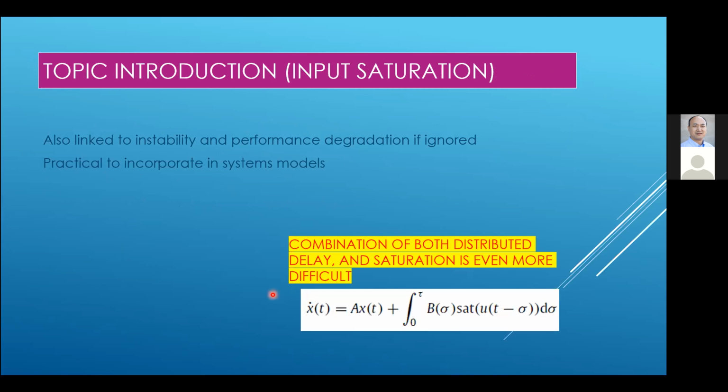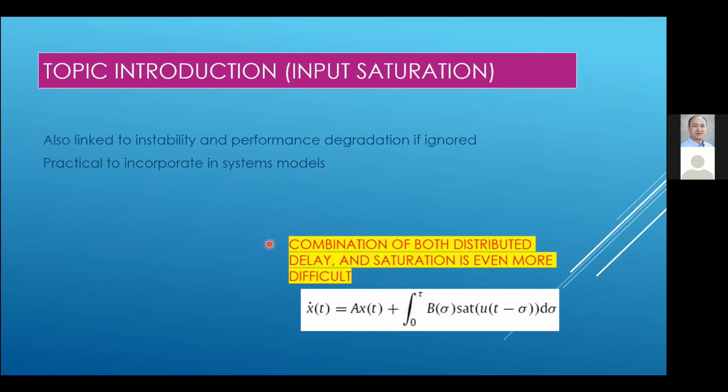Now, when it comes to saturation, it's also the same problem. They are linked to instability and performance degradation inside of the system if they are ignored. But like the input delays, they are really practical and they have to be incorporated if we want to model the system accurately.